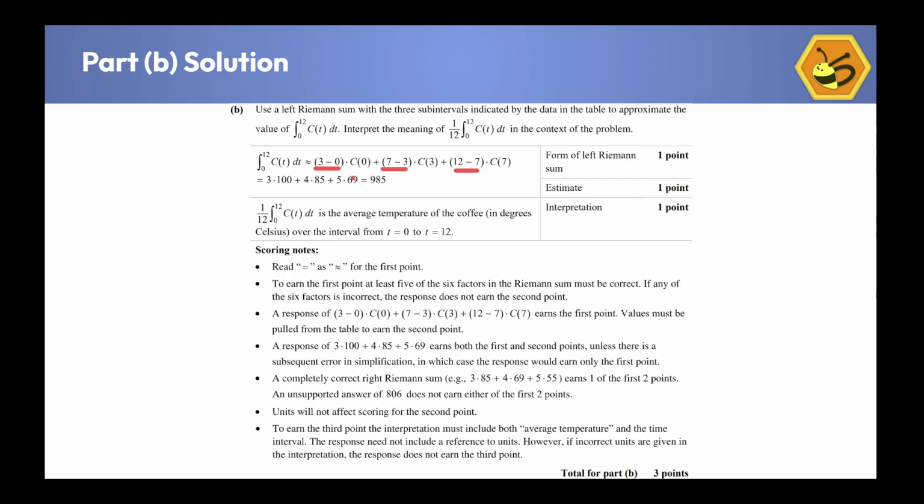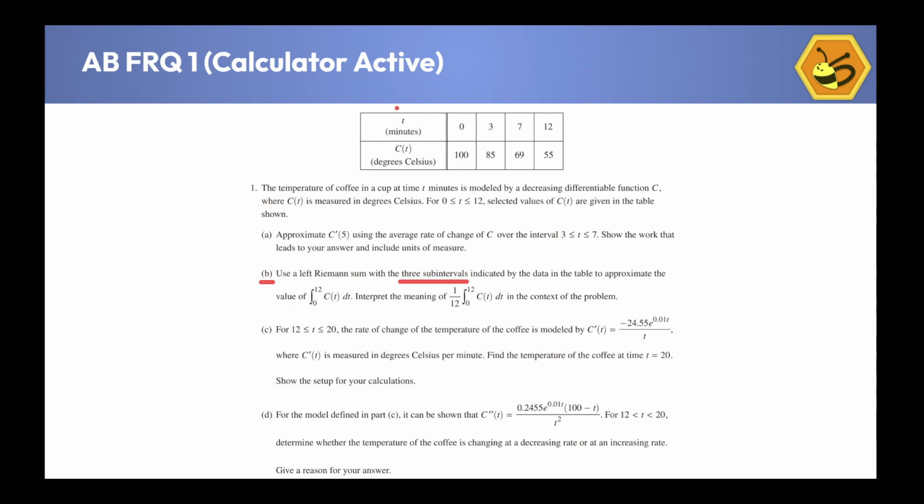For example, for the first subinterval, we pick the left endpoint, which is the value of C(0) for the estimation. And we pick C(3), which is the left endpoint, and C(7) as the left endpoint. We can evaluate this because we have the values on the table here. So we pick 100, 85, and 69.